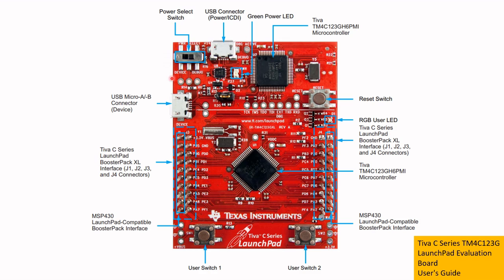And this one on top is the ICDI chip that we will be using to program or upload the code to this chip. In other words, it is the programmer part.